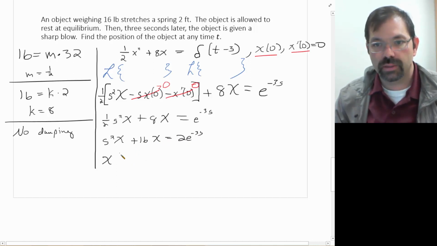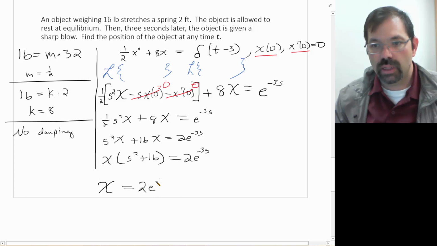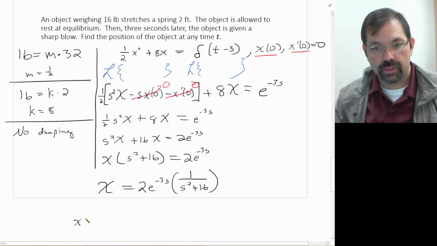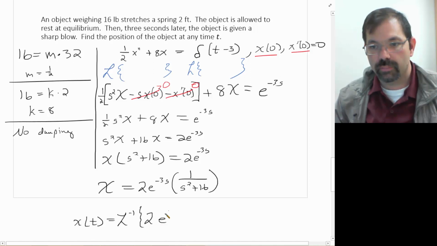Factoring X, s squared plus 16 times X is equal to 2e to the negative 3s. So then X is equal to 2e to the negative 3s times 1 over s squared plus 16. Then to find x of t would be the Laplace inverse of that whole thing.